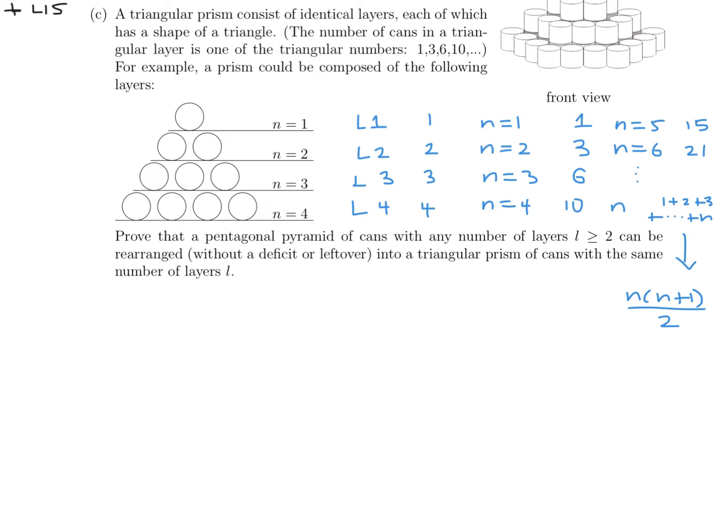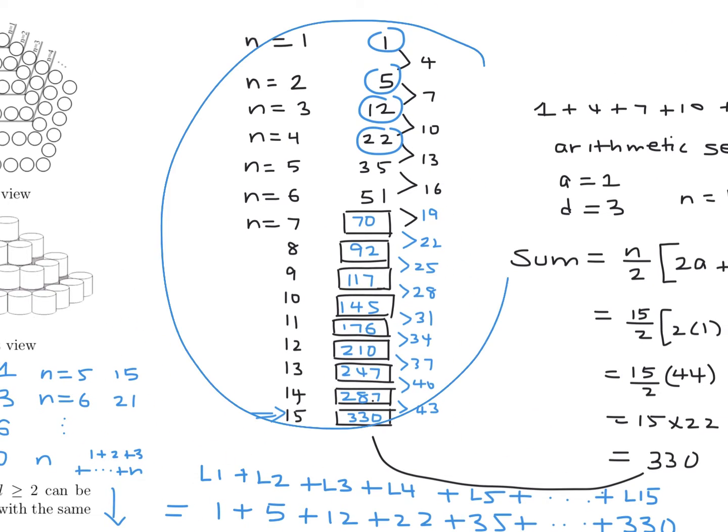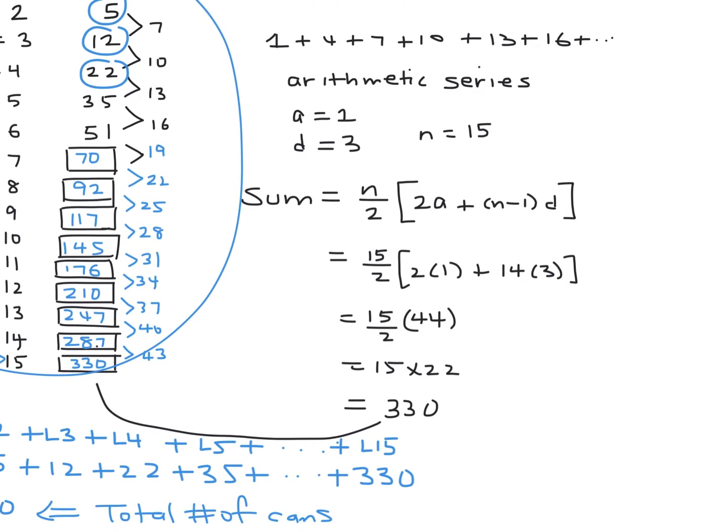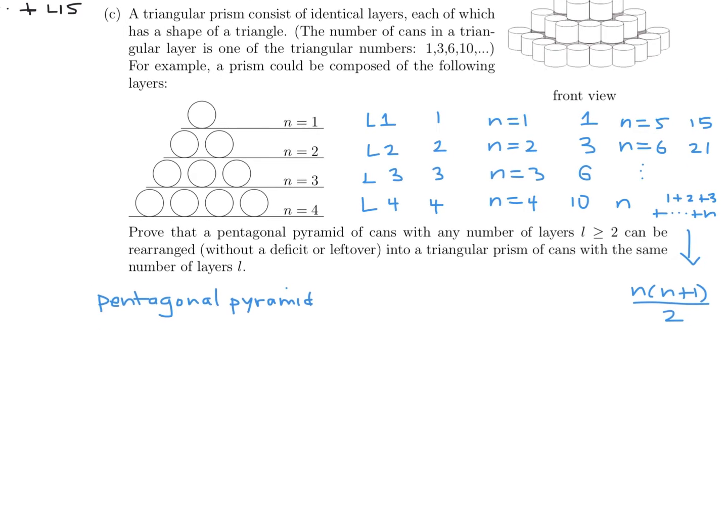In a pentagonal pyramid, we had previously shown that it's different. It's this kind of scenario here. And we showed that we can basically get that with this formula. So let's talk about that, since we've already done it. Might as well just do it again instead of rehashing it all.